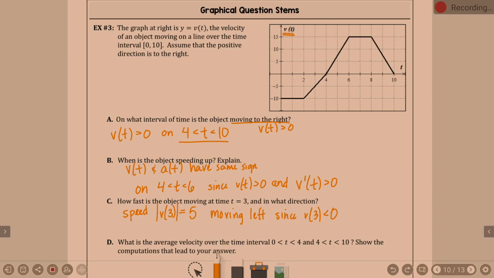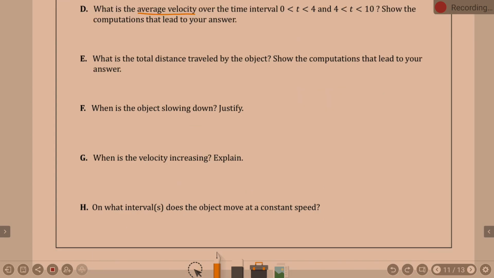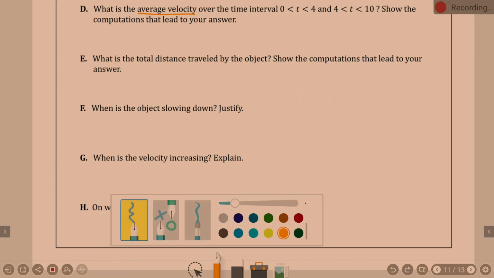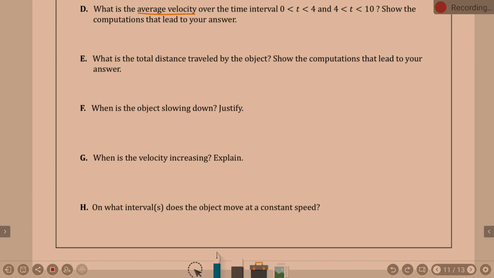The way I have it written in my notes is I have it as thinking about change in s over change in t. Displacement over elapsed time, yes.